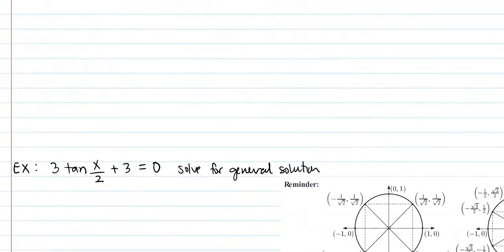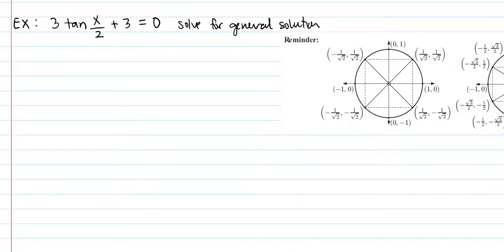Cool. All right, let's do another example together. So using the tangent, we have 3 tangent x over 2 plus 3 equals 0. So I'm going to start by subtracting 3 and then dividing by 3. So I have tangent x over 2 equals negative 1, because I would subtract 3 to get negative 3, divide the whole thing by 3.